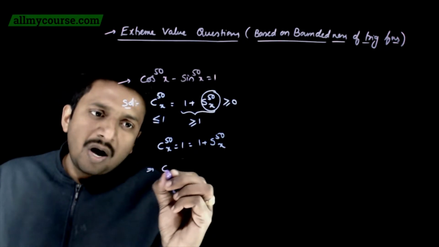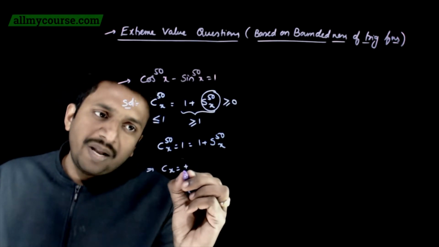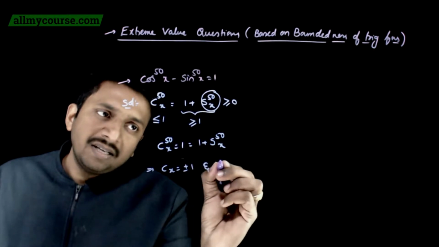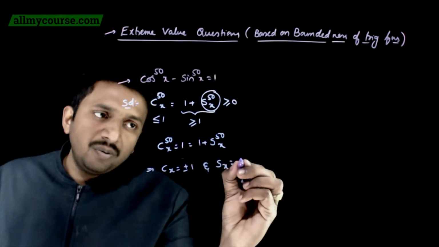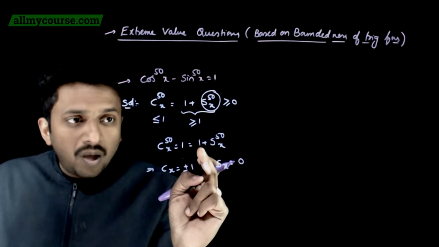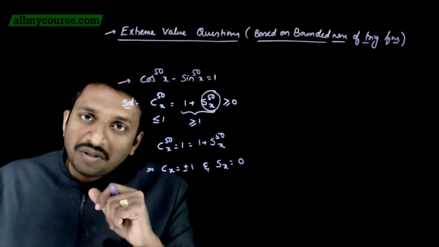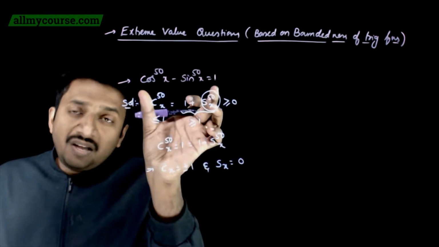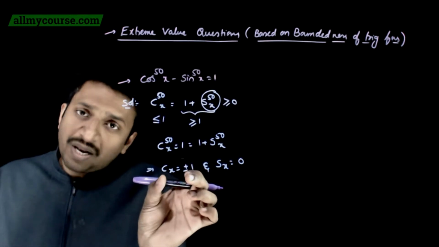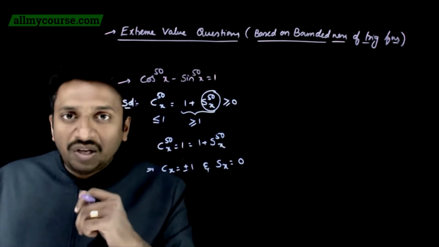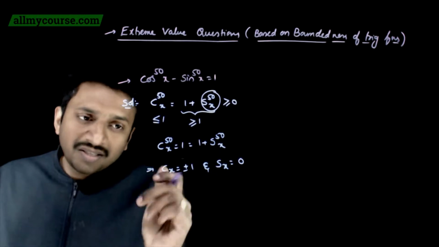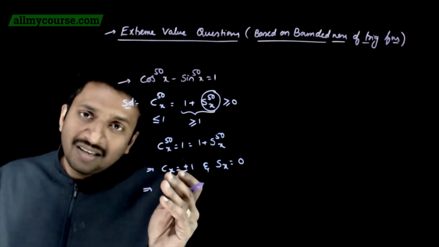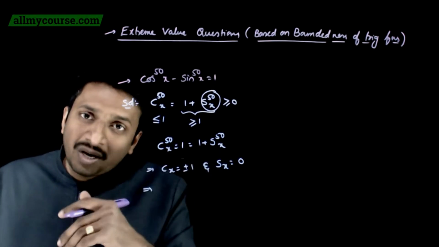That means cos x is equal to plus or minus 1 and sin x should be equal to 0, right? Because 1 is equal to 1, sin power 50 x has to be equal to 0. So for this equation to be valid, cos x has to be plus or minus 1 and sin x has to be equal to 0. Cos x equal to plus or minus 1 implies cos square x is equal to 1 effectively.